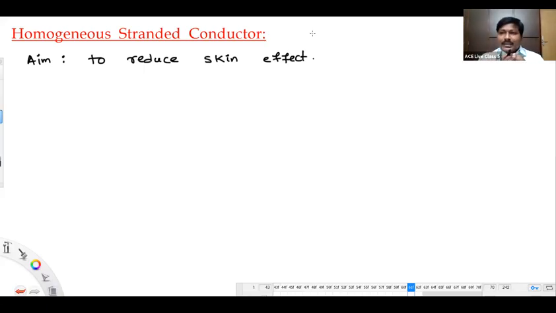Bunched together and twisted throughout the length of the transmission line wire to make the stranded conductor.